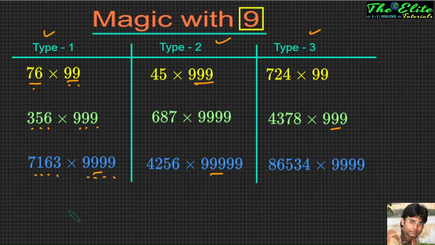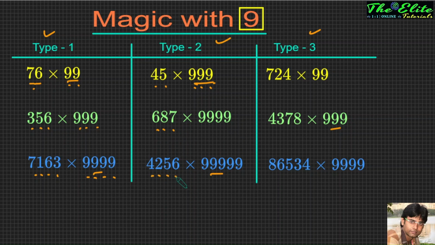So this is type 1. In type 2, the number of nines will be greater than the number of digits of the number. It is a 2-digit number, but there are 3 nines here. It is a 3-digit number, but there are 4 nines here.